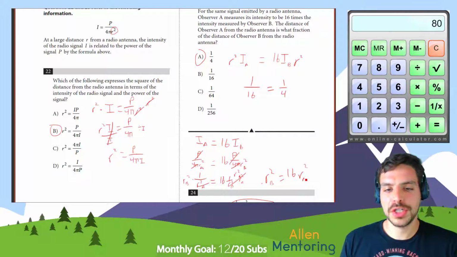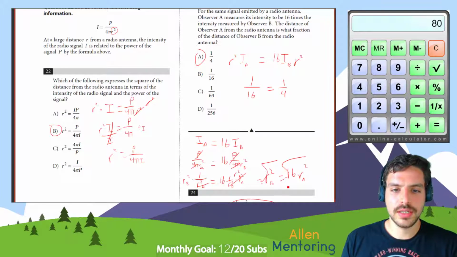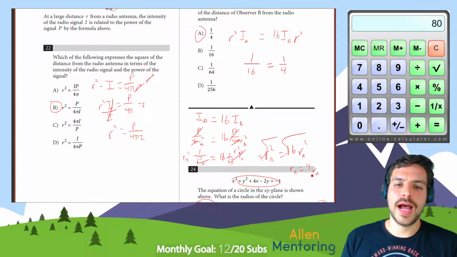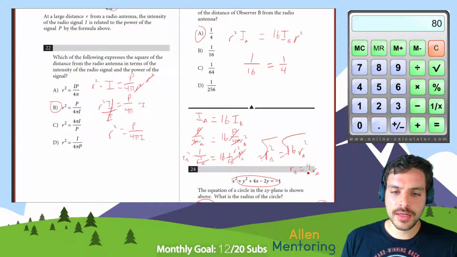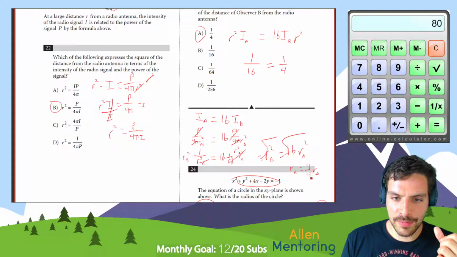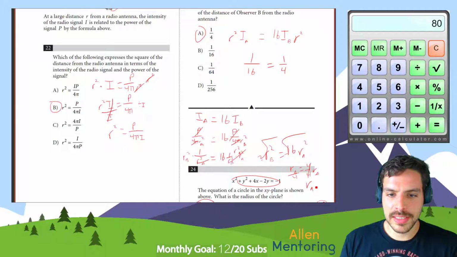Okay, so if you want to just solve for RA, what you can do is you could square root both sides and have RB is equal to 4RA, and then isolating R of A, okay, so the radius of the observer A, we would just divide by 4 on both sides. Okay, and so RA is then equal to 1/4 R of B.